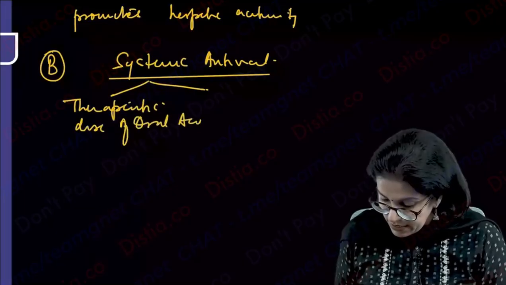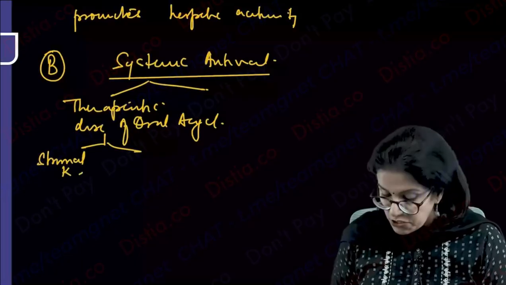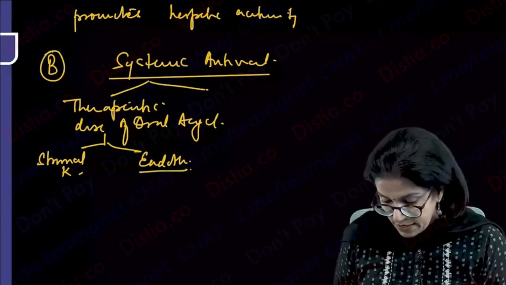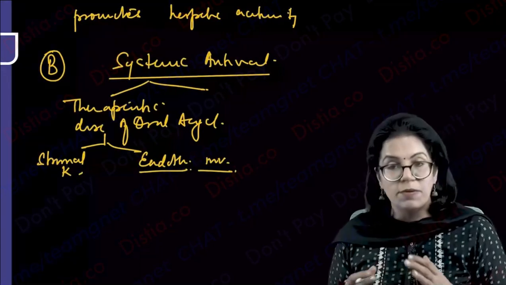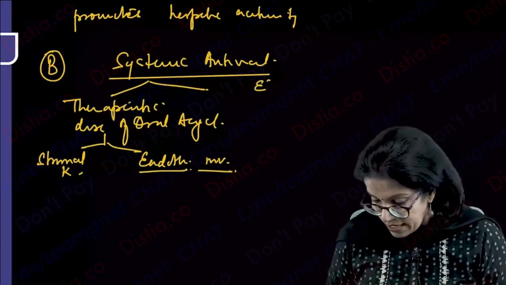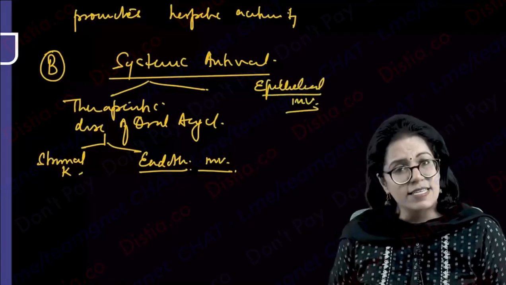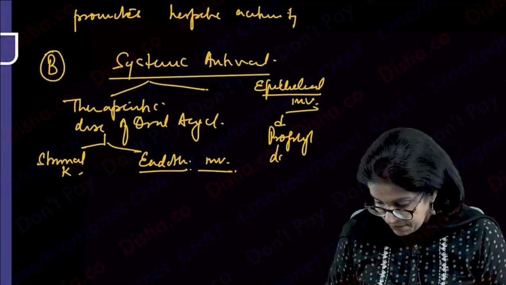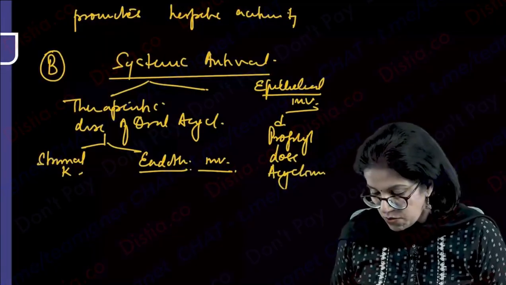This is given in stromal keratitis, especially if it is a direct infection, or endothelial involvement. In both these cases, it's better to go for therapeutic dose. But if it is epithelial involvement, topical is enough, and we may just go for a prophylactic dose of oral acyclovir.